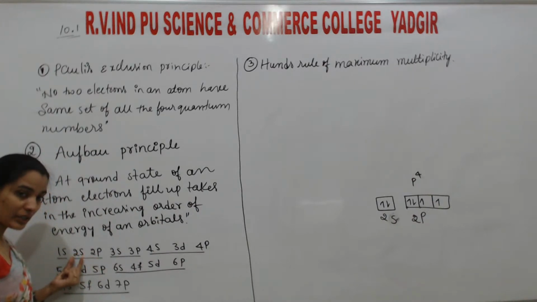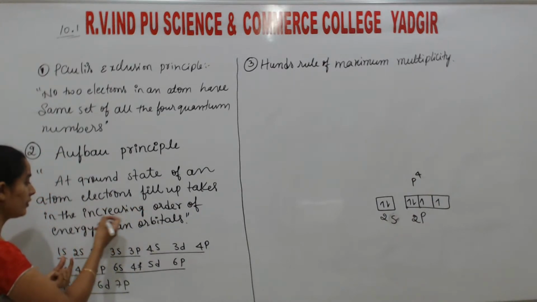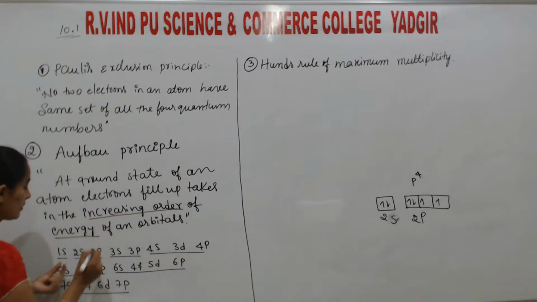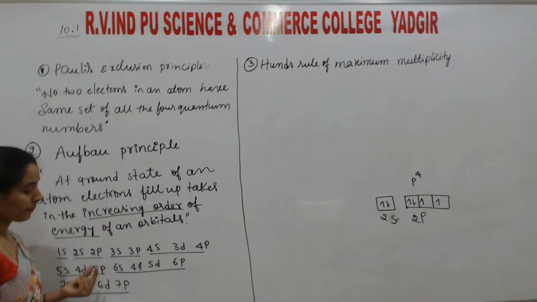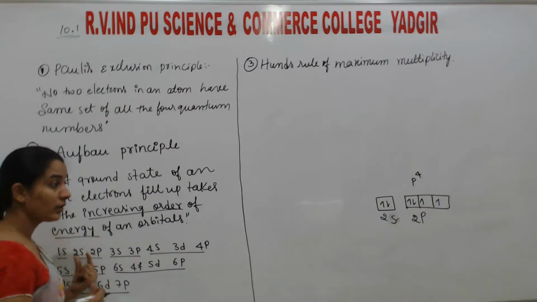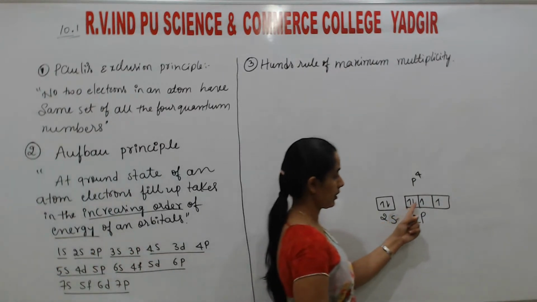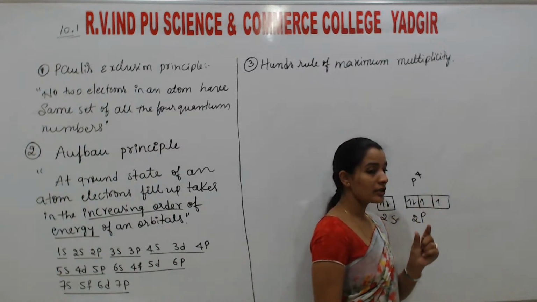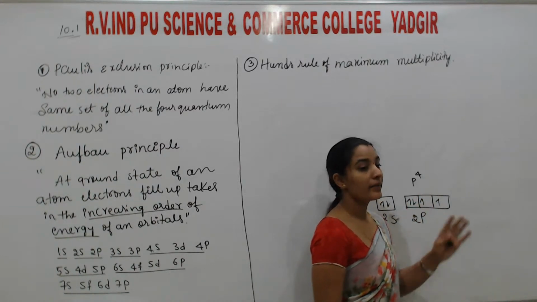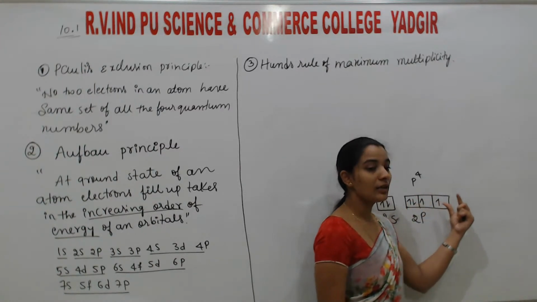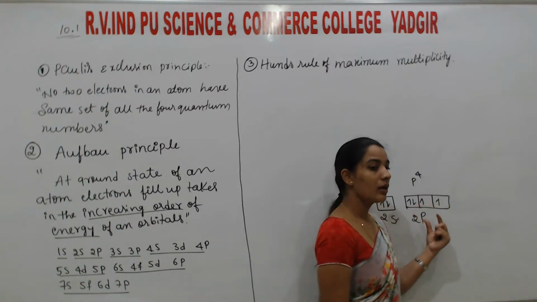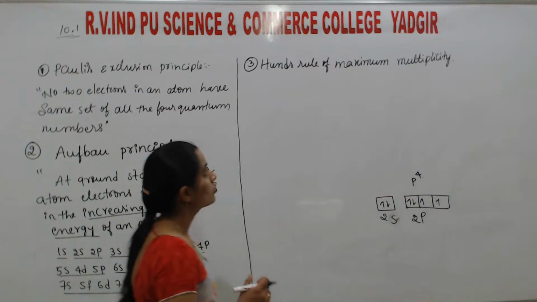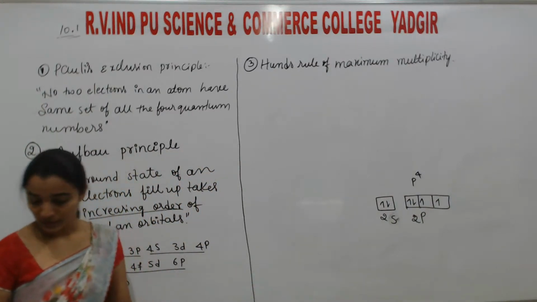Initially, this is completely filled because the filling takes place according to increasing order of energy. Means 2s will fill up first, followed by 2p. But among 2p, 3 orbitals are there of the same energy. If orbitals of the same energy are there, then the electrons are singly filled first and later pairing up takes place. This is the statement of Hund's rule of maximum multiplicity.